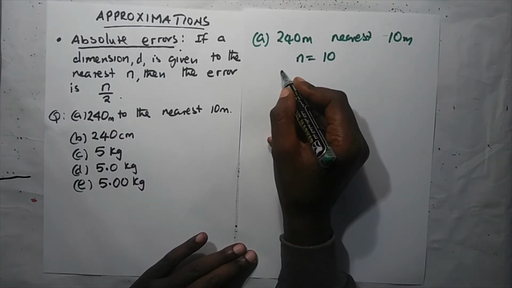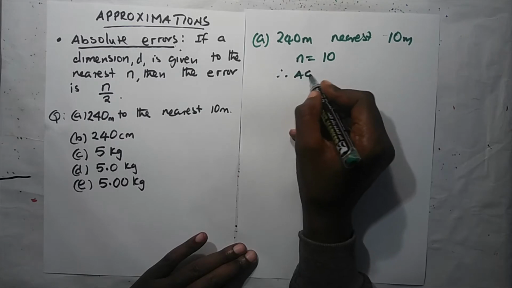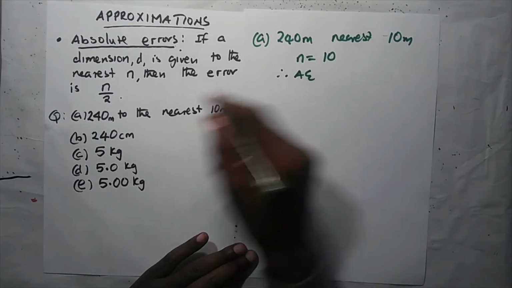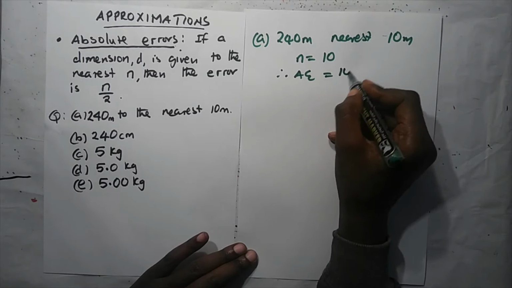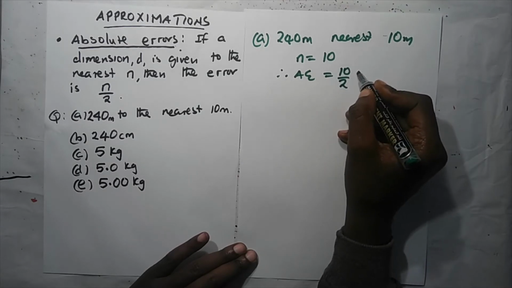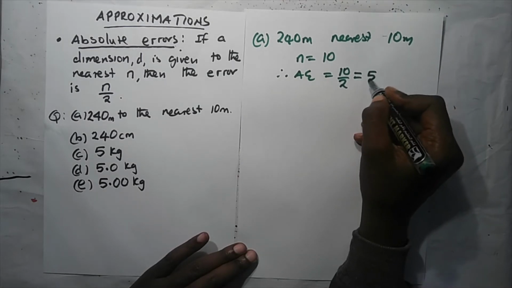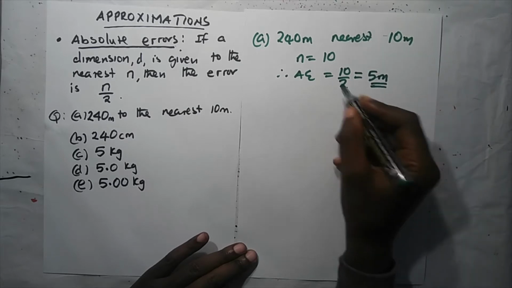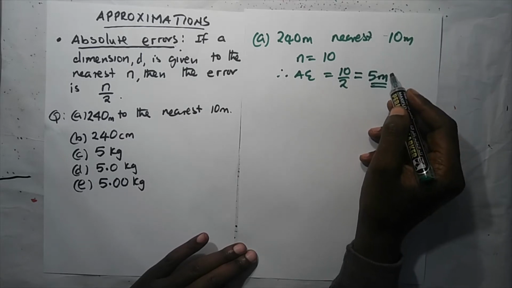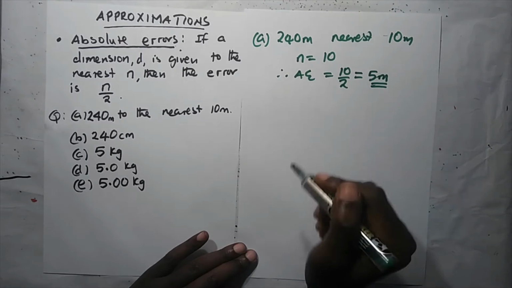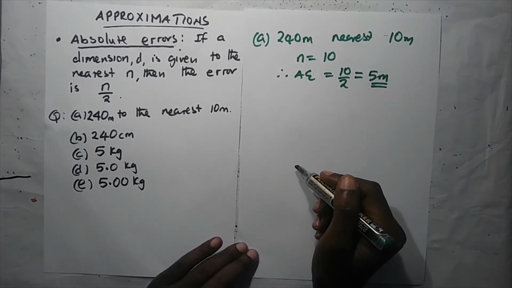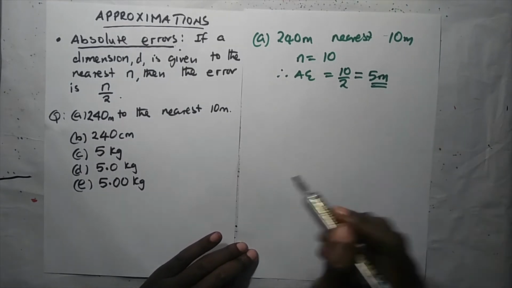And so the absolute error in this question will be given by 10 over 2, which is equal to 5 meters. Remember that the absolute error has the same units as the measurement that you are given. So our absolute error here is 5 meters.